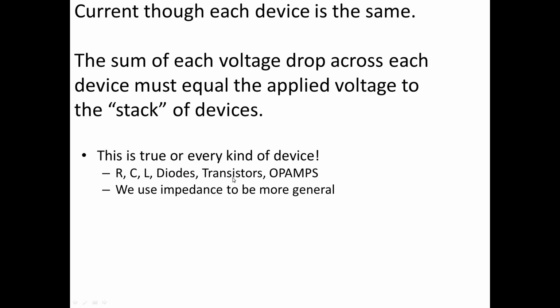Same thing with transistors. Op amps take a little more analysis, but whenever you see things in series, these two relationships will apply. And rather than talk about resistance with these kinds of devices, we can use the term impedance.